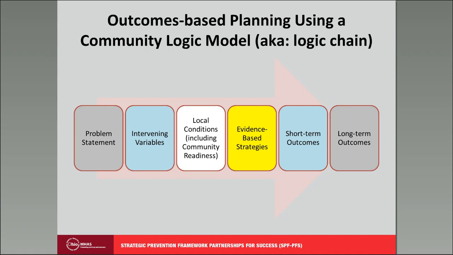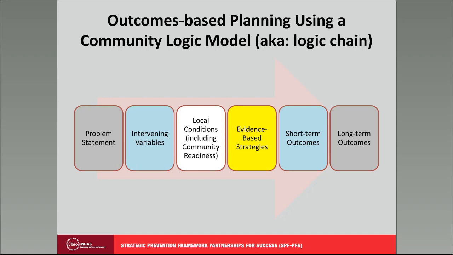So what we address is parental approval in a community and try to change that to parental disapproval, because we know that is an important factor that impacts youth and their drinking behaviors.